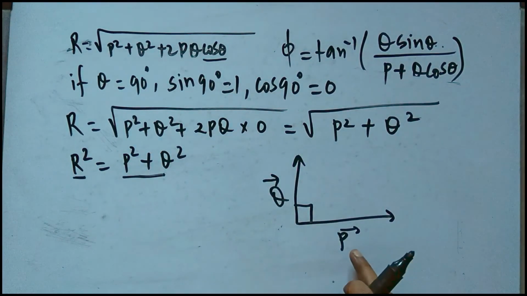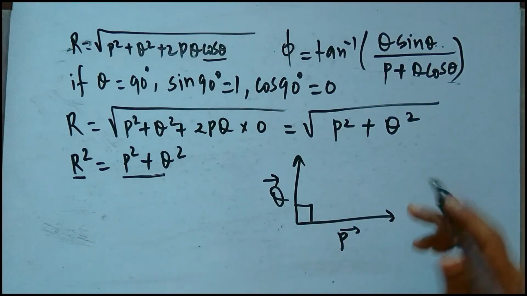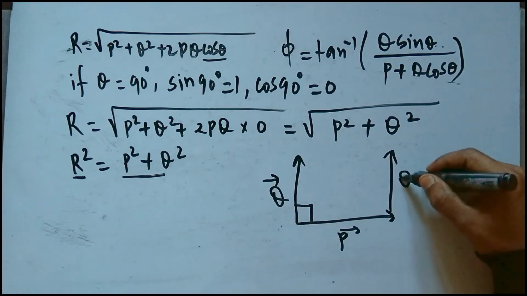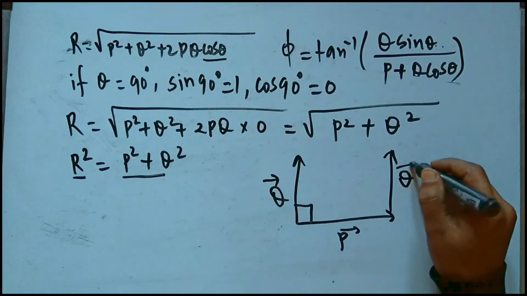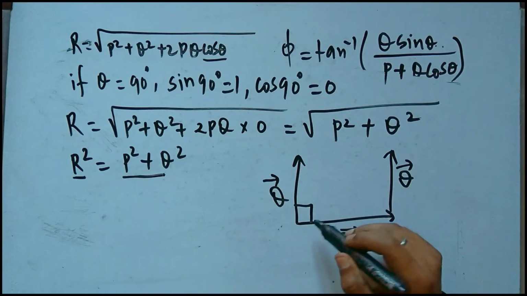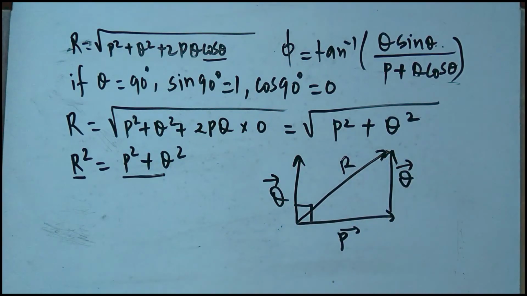So if two vectors, vector P and Q, are at 90 degree with each other, we can put Q here because these two vectors are equal, as direction is the same and magnitude is also the same. Then this vector will be the resultant vector.